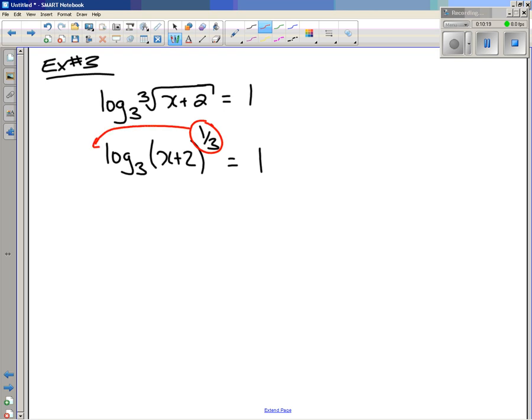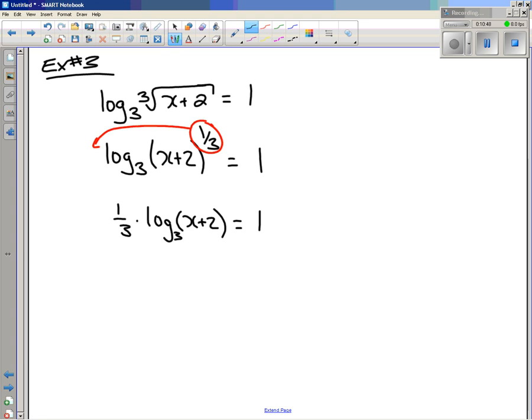So we can pull that down out front. And now we can have 1/3 times log of x plus 2. And we're looking at that when it equals 1. Yeah, sorry, it still is base 3. So all we did was just pull the exponent out front.